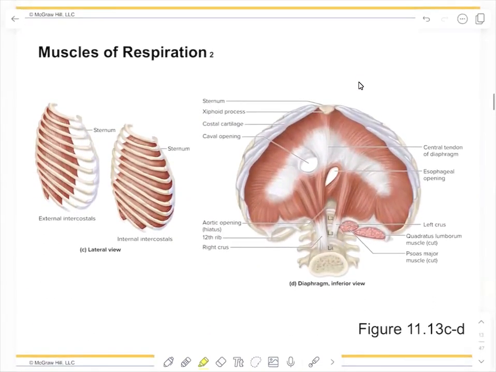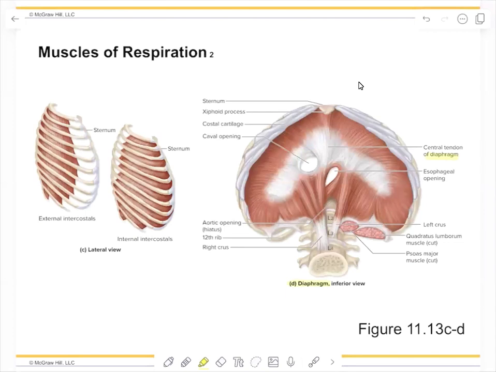So this diagram is showing us the muscles of respiration. We're looking at a view looking at the diaphragm. It's an inferior view here, and this is the central tendon of the diaphragm, but the entire diaphragm spans this entire region. And remember that it's a separation between the thoracic cavity and the abdominopelvic cavity.